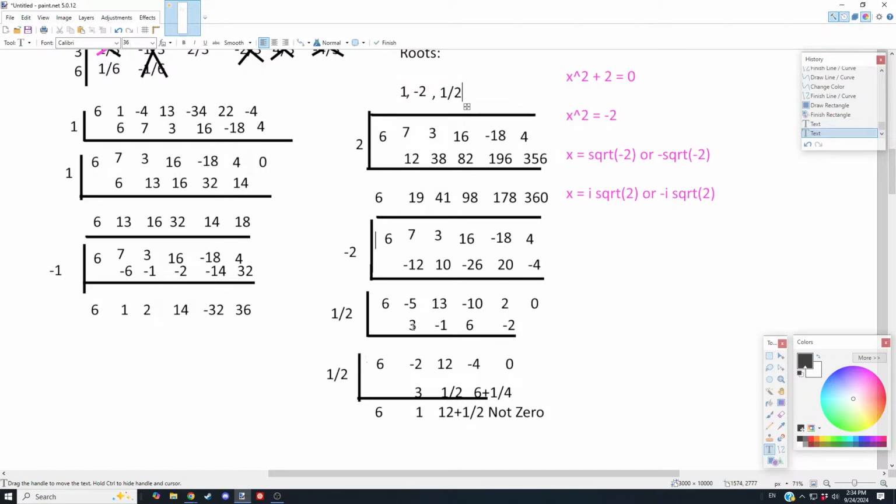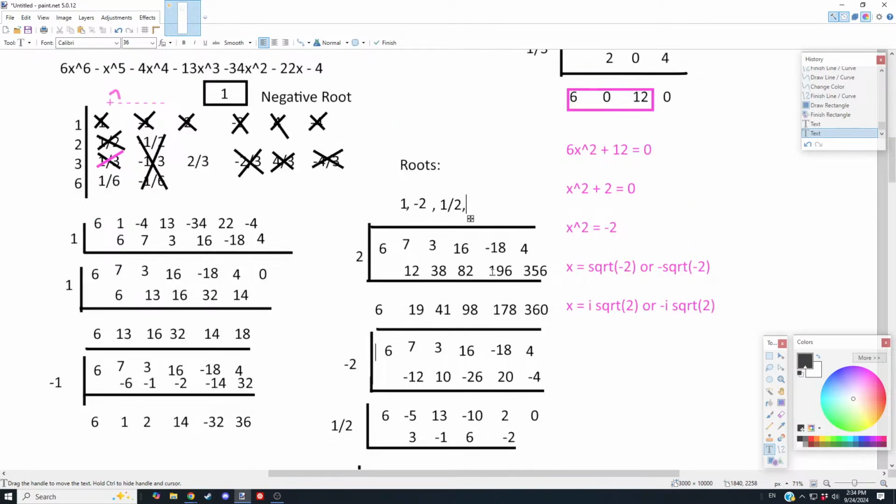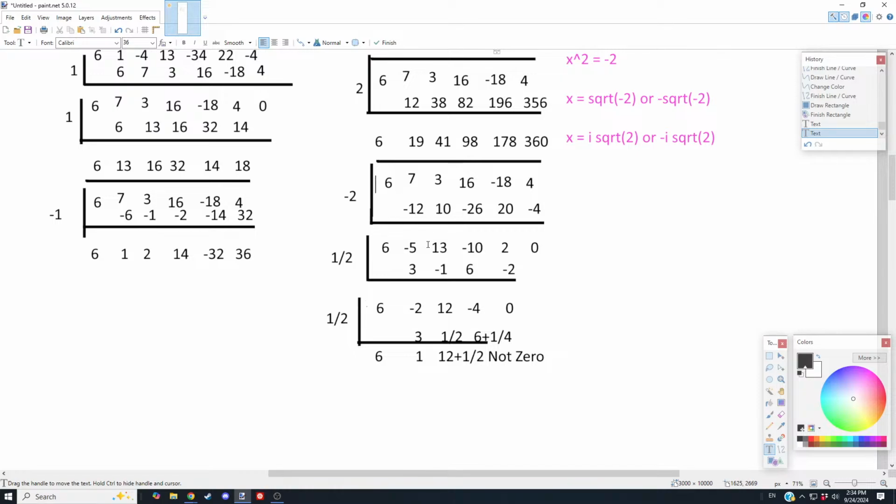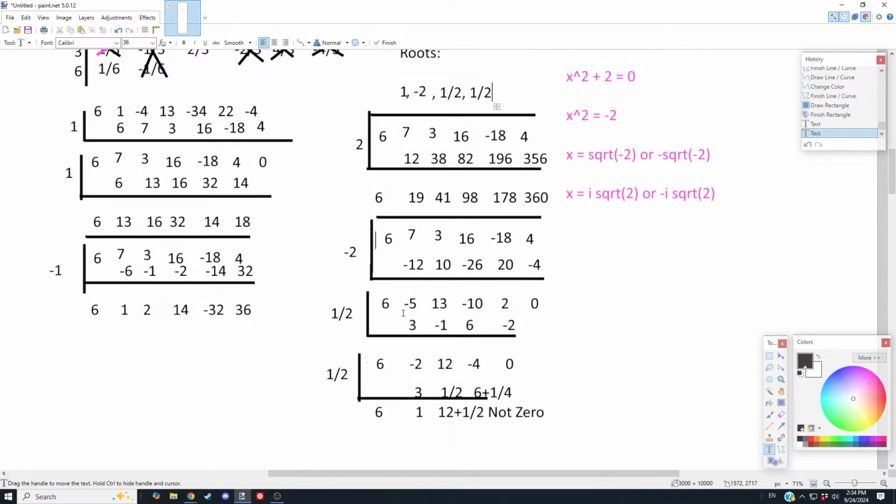First root we found was this 0 here, which means 1 was a root. Then we have this 0 here, which means negative 2 is a root. This 0 here means half was a root.